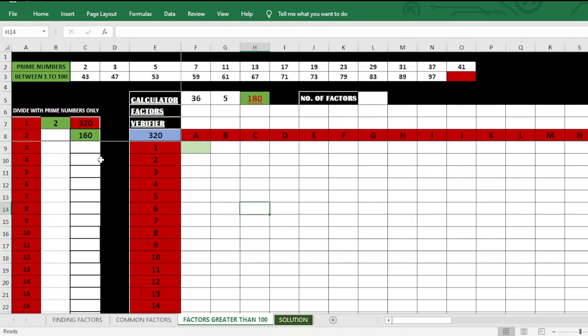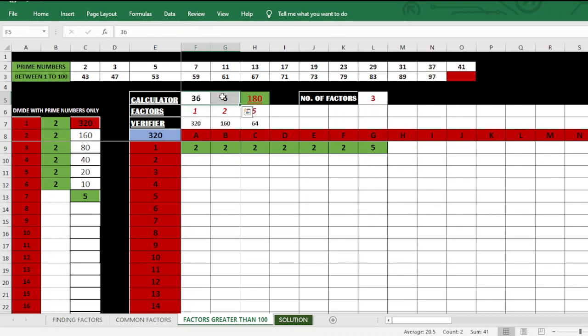Let's start. 2, 2, 2, 2, 2, 2. We have 1, 2, 3, 4, 6. Last number should be 5.